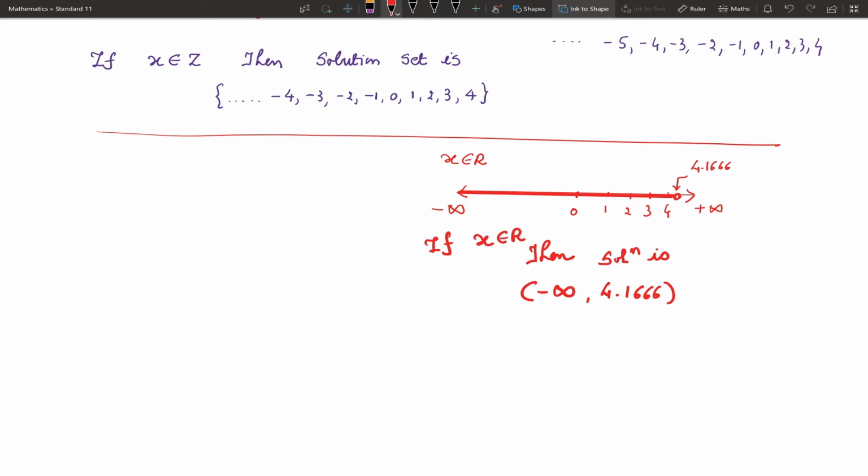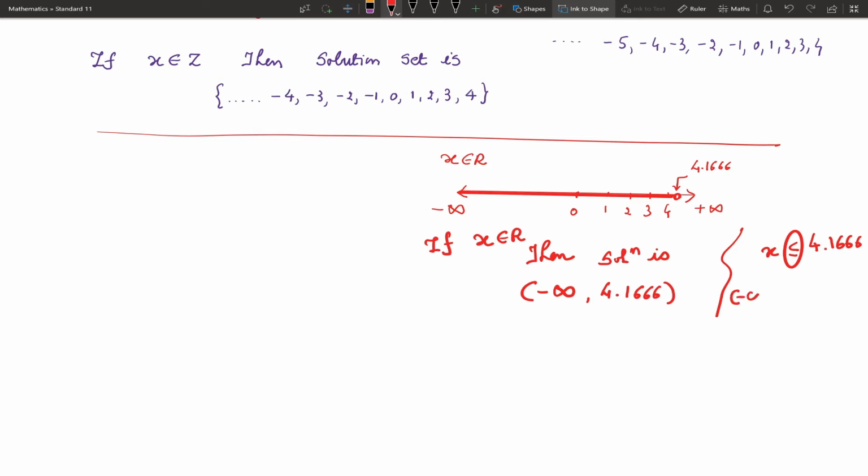If the inequality is slack, for example x less than or equal to 4.166, then you have to use a closed interval.